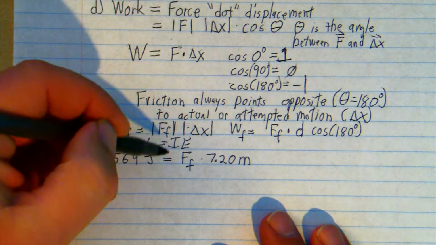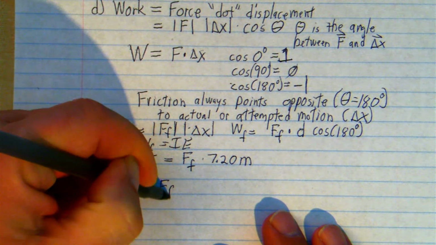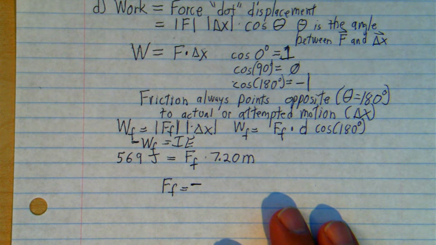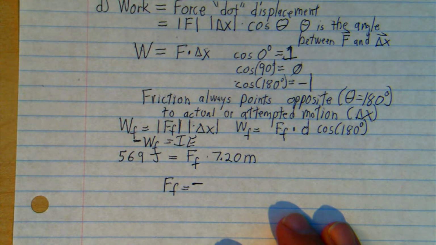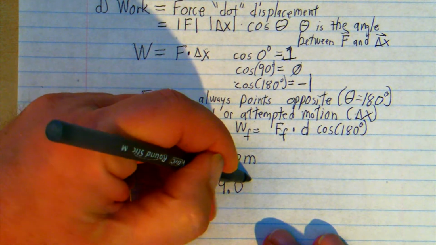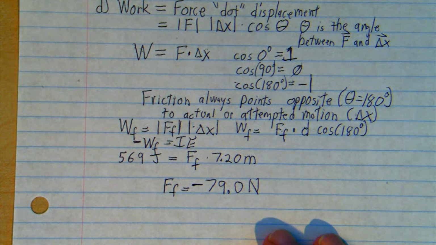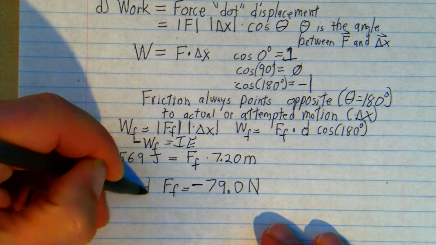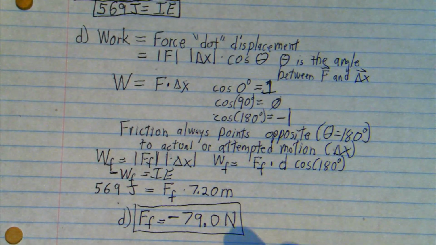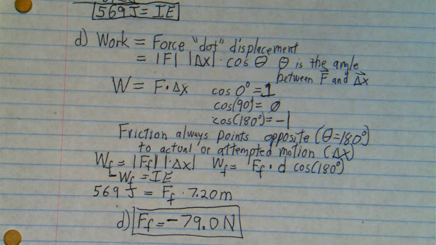So I get the force of friction is, the minus sign means it's pointing up the hill, opposite the direction of motion. 569 divided by 7.2 is, I get 79.0 newtons. This ends problem 1.